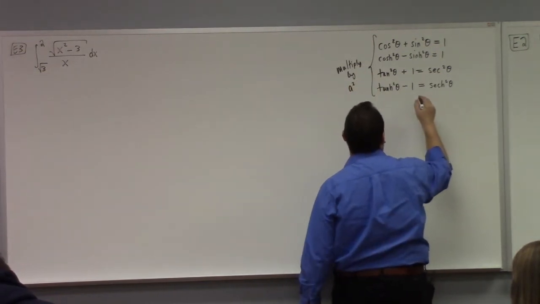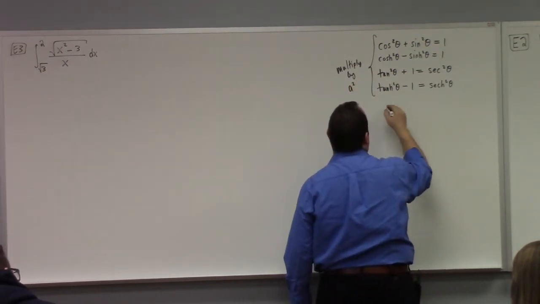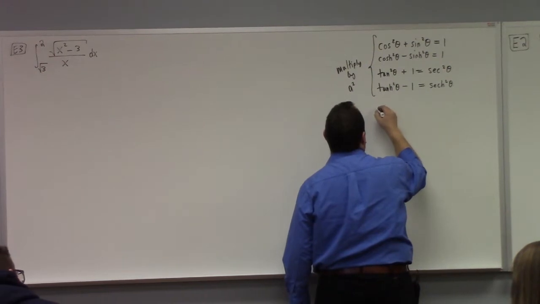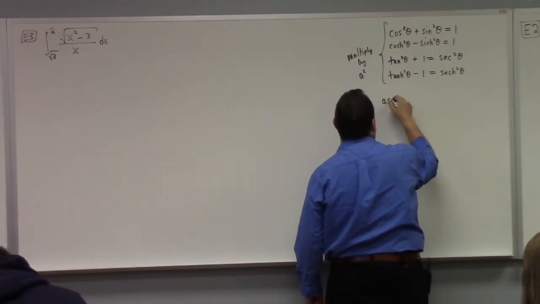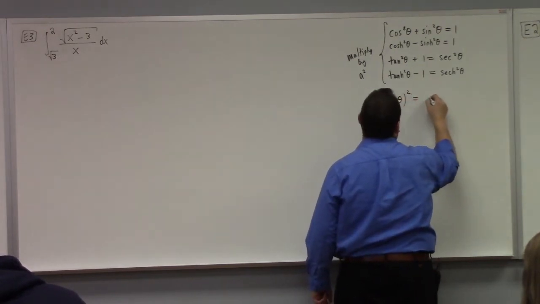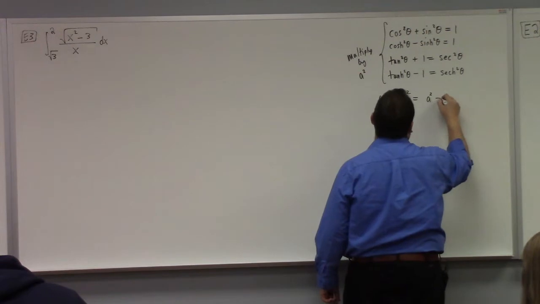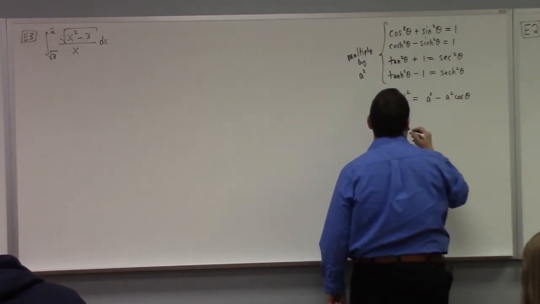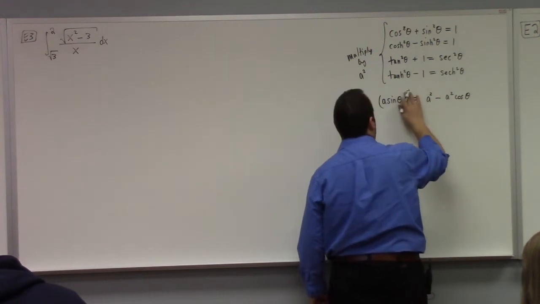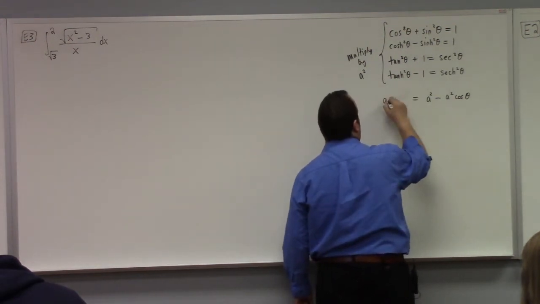And what's that give me? It gives me things like a squared sine squared theta equals a squared minus a squared cosine squared theta.